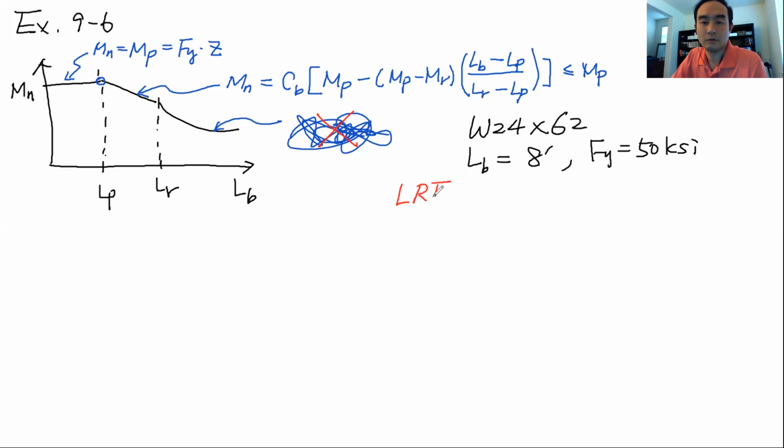So let's solve the problem using the LRFD method. The first thing we have to do is go to Table 3-2, which is a table for the beams with pre-calculated capacity, and it is in your steel manual, of course, for this specific section.